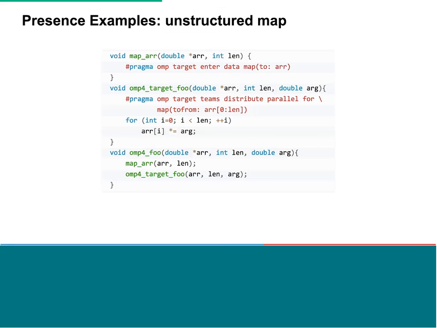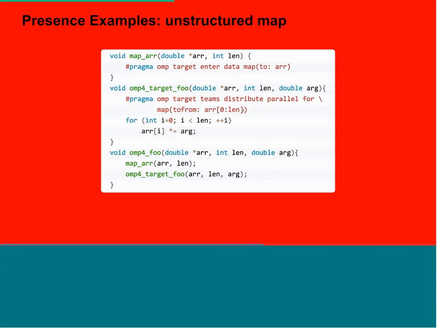Now this example uses the enter data to map the array as we did before, and then calls into another function, OMP4 target foo, which maps the same array in the same way. This example in OpenMP 4 did not work.